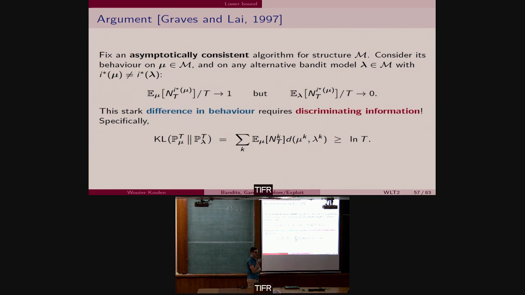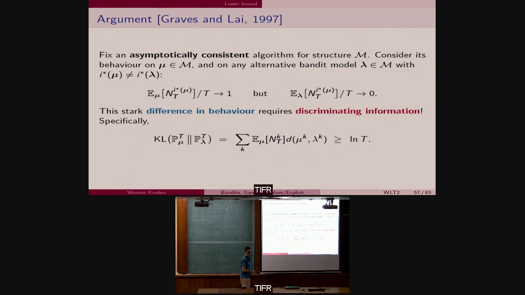You can only spend very little on all the other suboptimal arms. So when you divide by t, it has to go to 1. Whereas if I run you on lambda, you have to sample almost all the time the best arm for lambda, which means you don't have any time to sample the best arm for mu. So that proportion goes to 0. So we have two bandit models in which your algorithm has to do something very different.